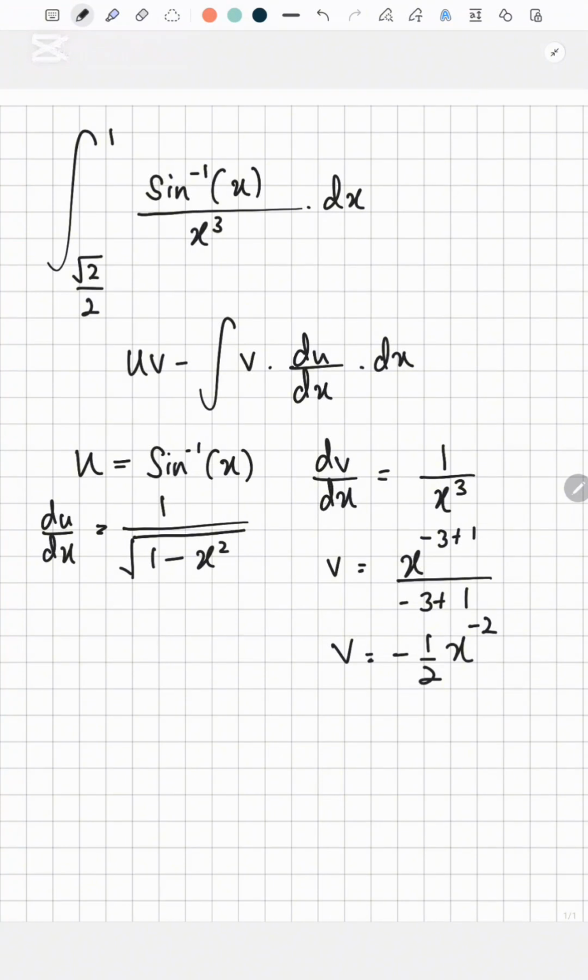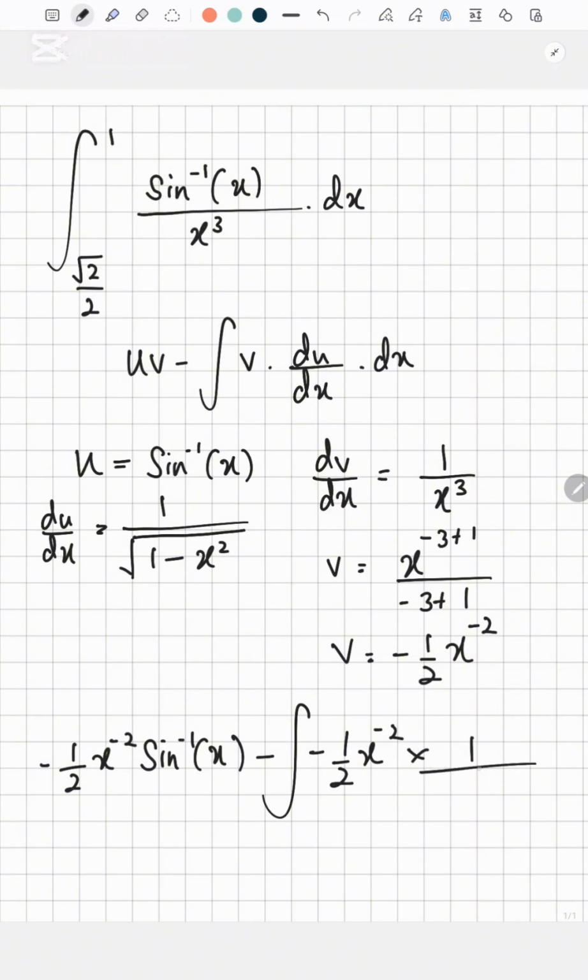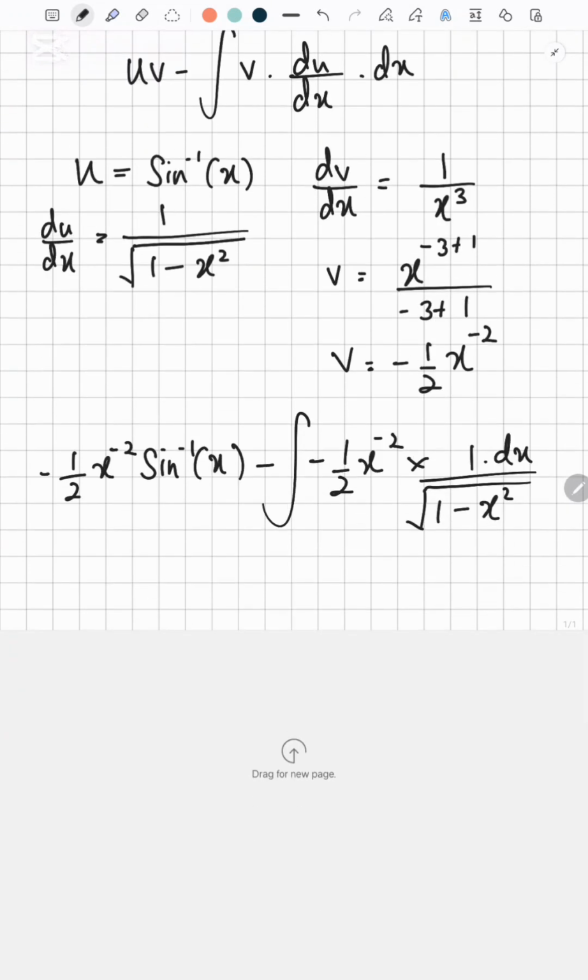So now you have to use the formula: u into v. That's going to be minus half x to the power minus 2 into sine inverse x, minus the integration of minus half x to the power minus 2 into 1 over root 1 minus x squared dx.